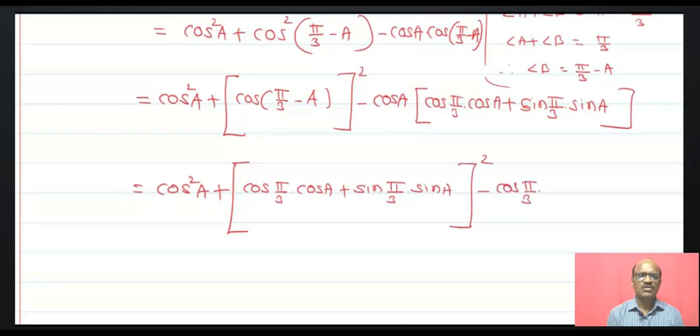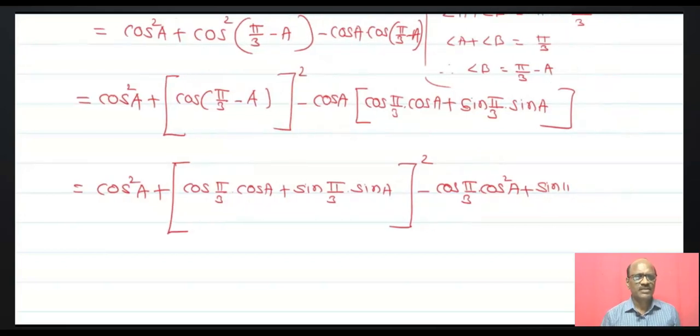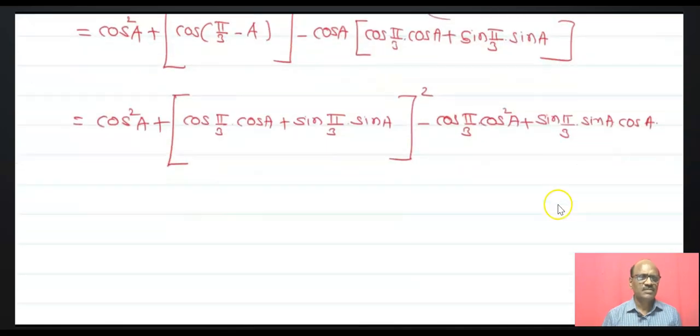That is, cos of pi by 3 into cos square A minus, now see this multiplication, cos of pi by 3 into cos square A, there must be a minus sign here.